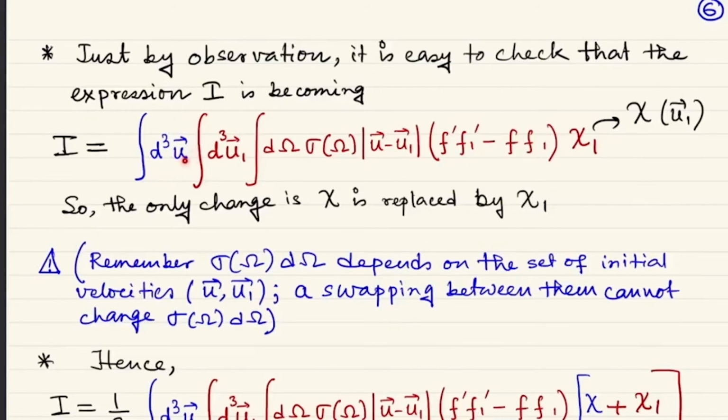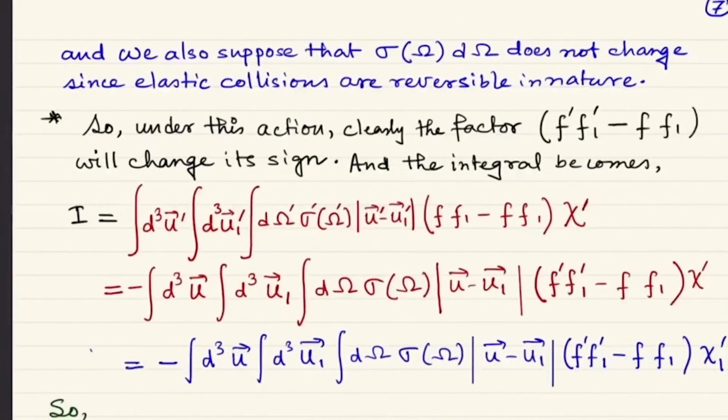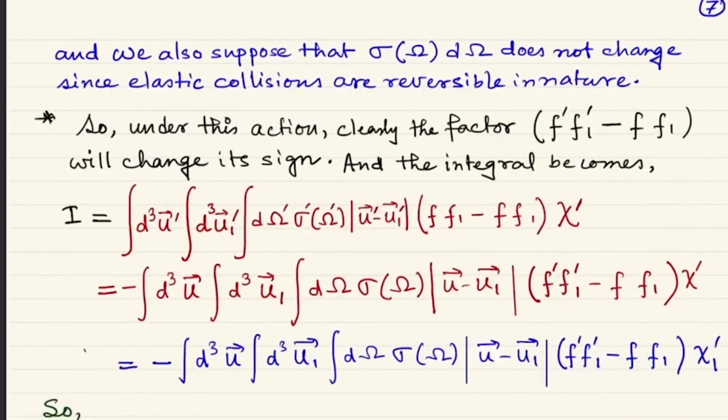Then this will be u to u prime, u1 to u1 prime, that will be sigma prime, omega prime, and u prime minus u1 prime, and this one will be f1 minus f prime f1 prime, and this one will be chi prime, and that's what I have written over here.